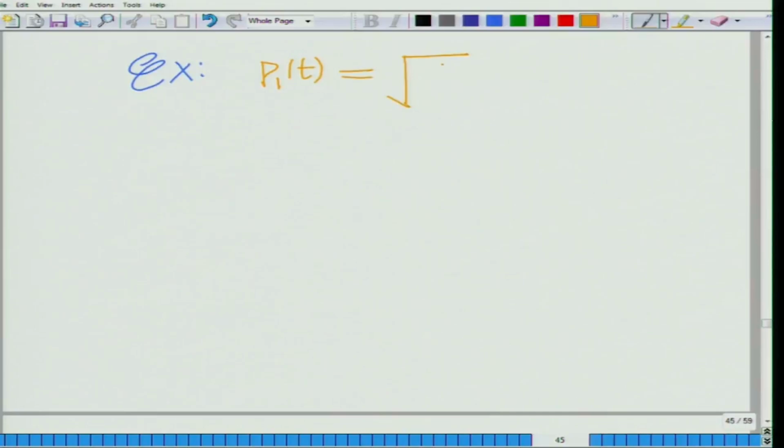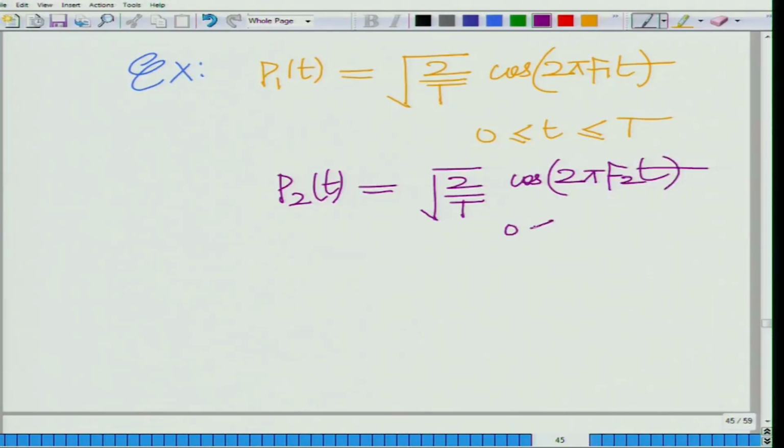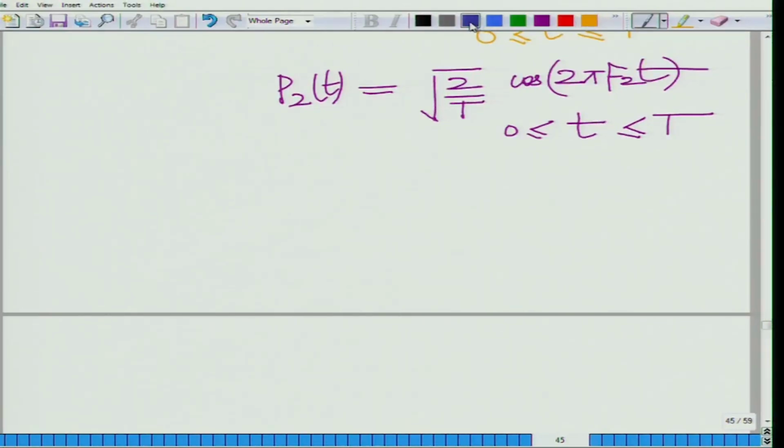p1(t) equals square root of 2 over T cosine 2 pi f1 t, this is a pulse that we have already seen, and similarly now let us also take p2(t) equals square root of 2 over T cosine 2 pi f2 t for 0 less than or equal to t less than or equal to T, where we can say T equals integer multiples, that is k1 over f1, integer number of cycles of p1.